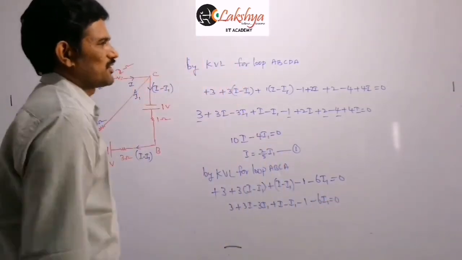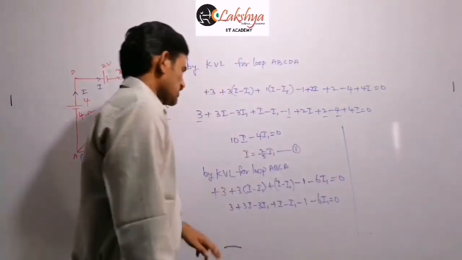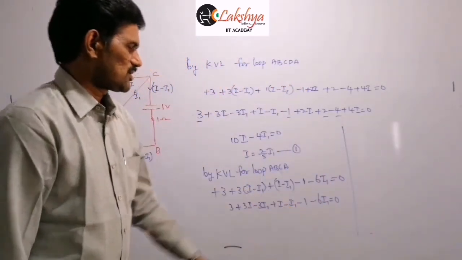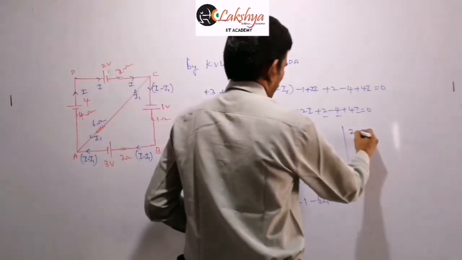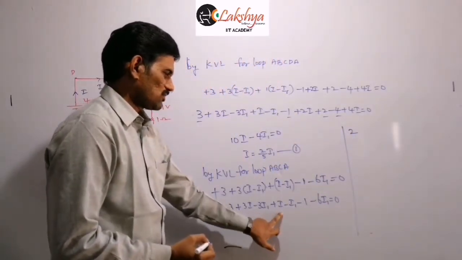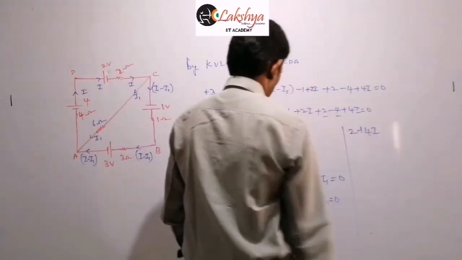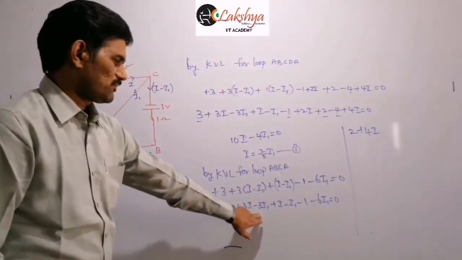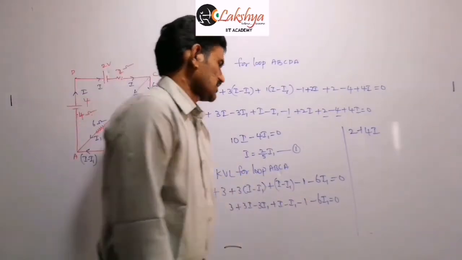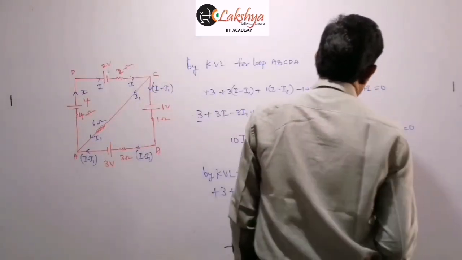And you can simplify this equation further. So then it is 3 and minus 1, it is 2. And next here this is 3, 4, 4i, and I1 terms will be like 4 and this is 6, minus 10i1 is equal to 0.